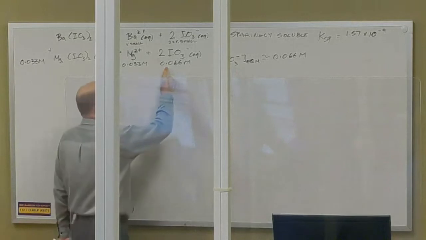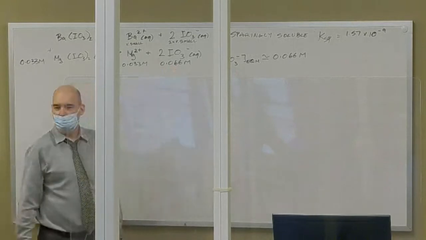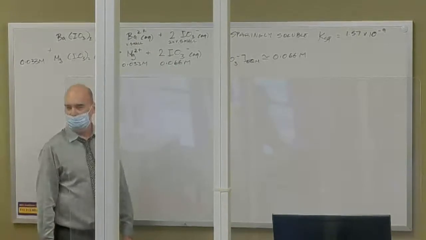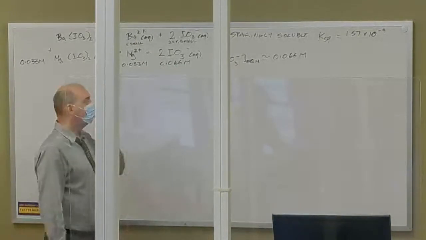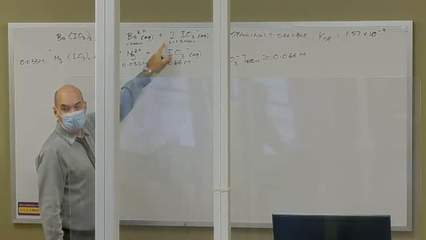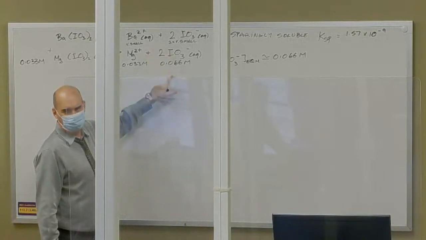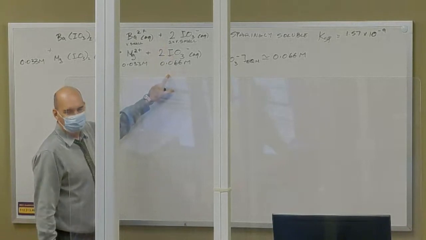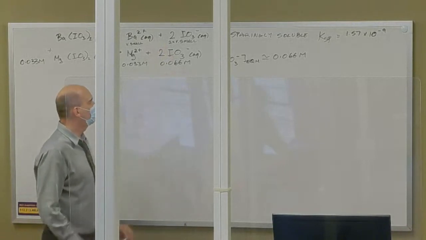This is 10 to the negative 2, and that's 10 to the negative 9, which means the iodate that's in solution because of the barium iodate is not showing up to impact this number. Okay.